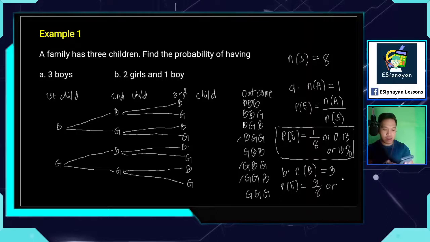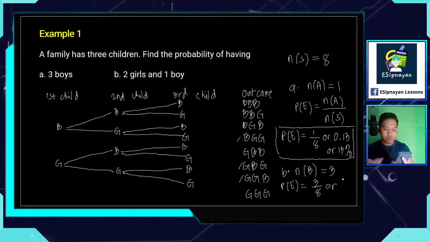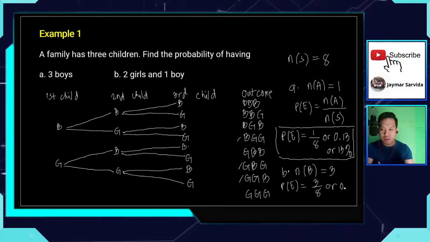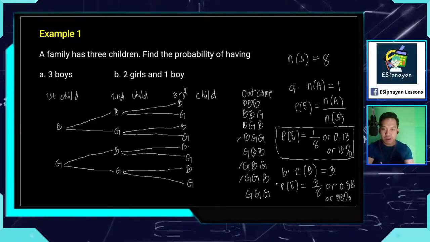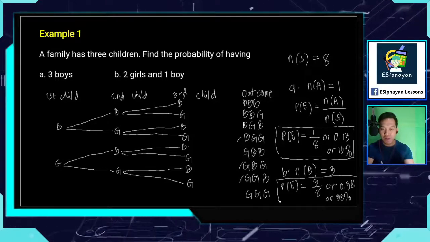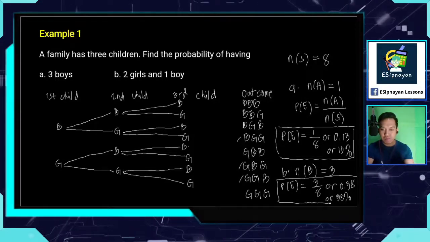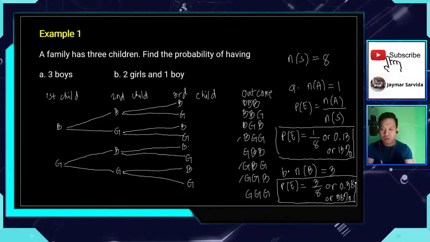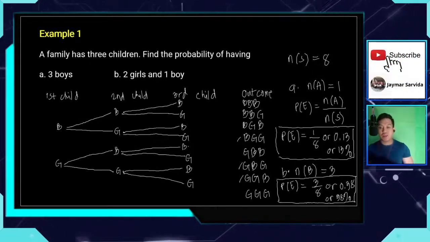So 3 divided by 8 is equal to 0.38, or 38%. So ito naman yung sagot natin sa letter B: 3/8 or 0.38 or 38%.